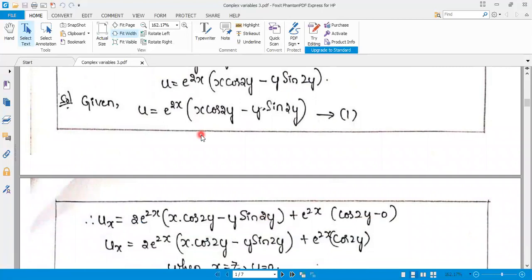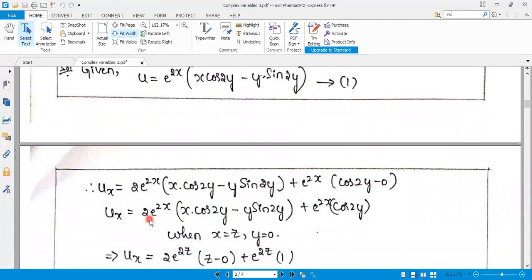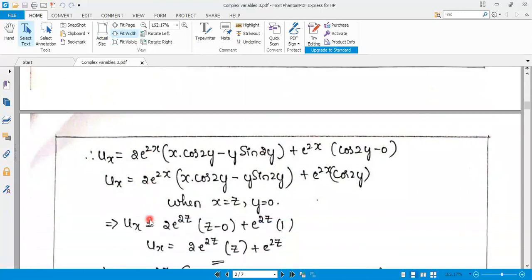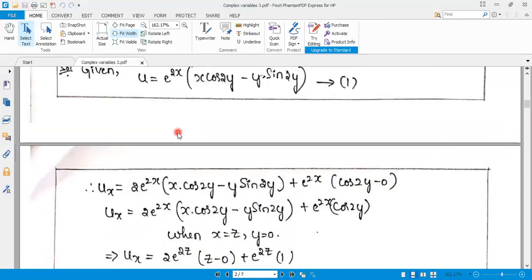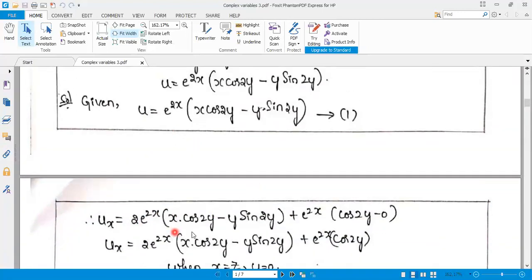Now differentiate u with respect to x partially. Ux, by product rule: 2 into e power 2x into the second function plus the second into differentiation of the first function. So this will be e power 2x into cos 2y.